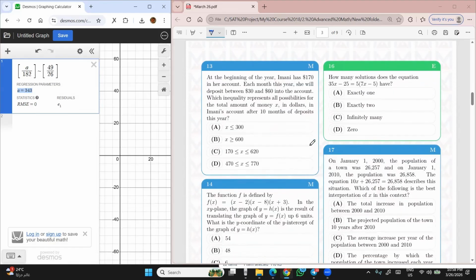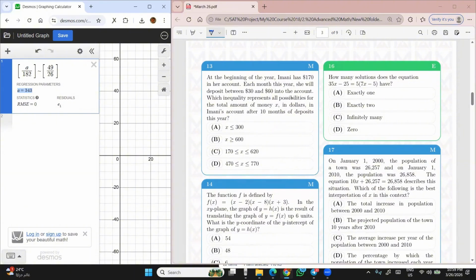Number 13, at the beginning of the year, Imani has $170 in her account. Each month this year, she will deposit between 30 and 60 into the account. Which inequality represents all the possibilities for the total amount of money X in dollars in Imani's account after 10 months of deposits this year?